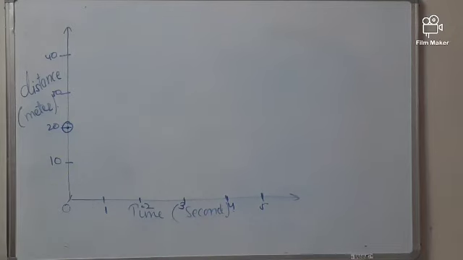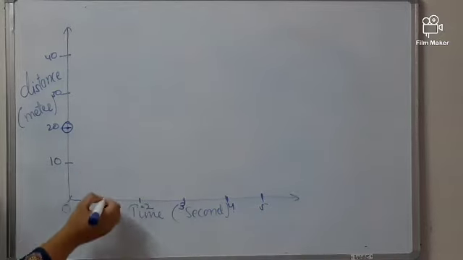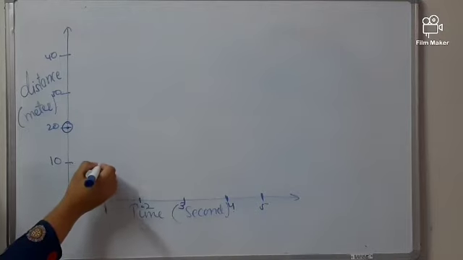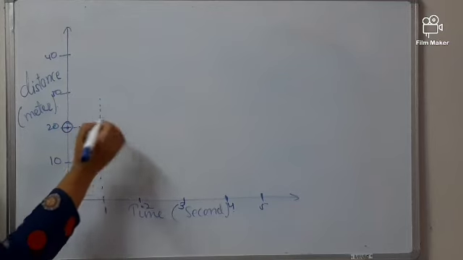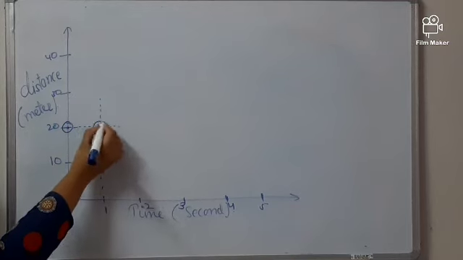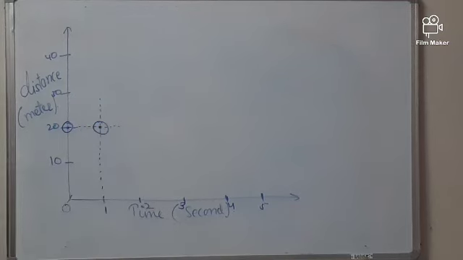So we mark it over here. Now when the time increases to 1 second, still the car is at 20 meter. So let's draw a perpendicular from the time axis and a perpendicular from this 20, and where they meet, highlight it by a dot and a circle. It means this is the position.